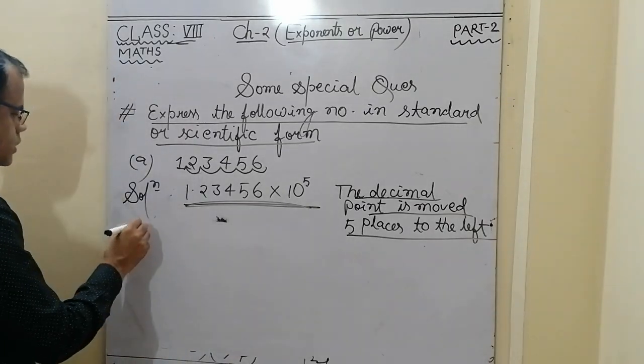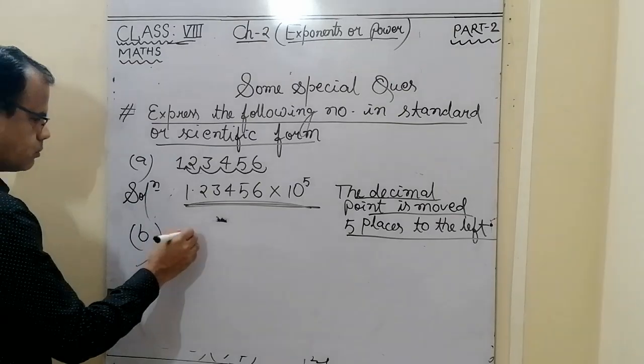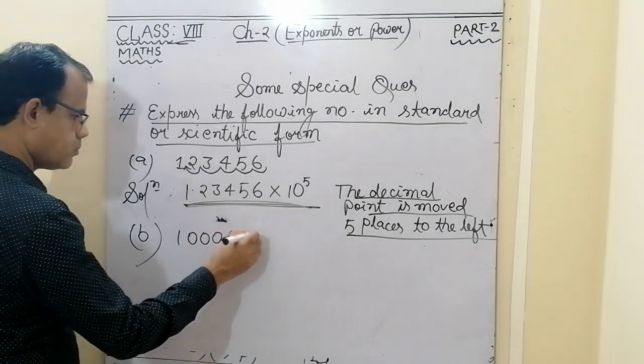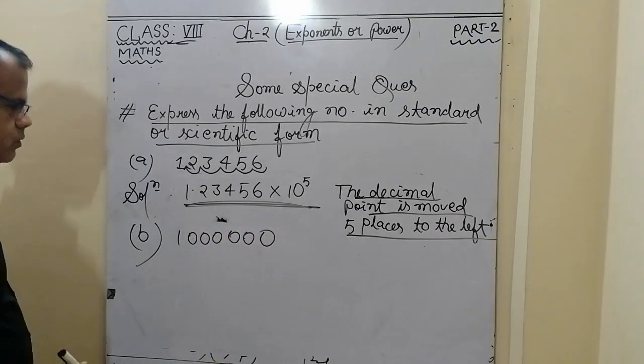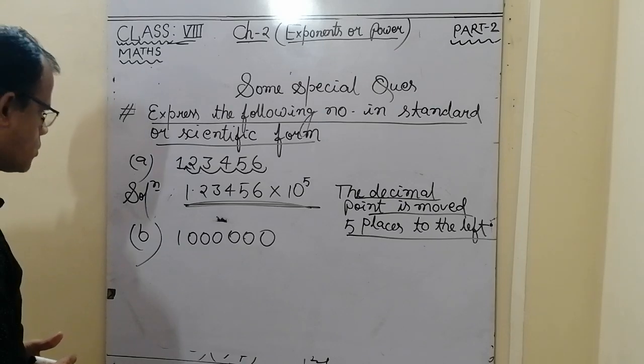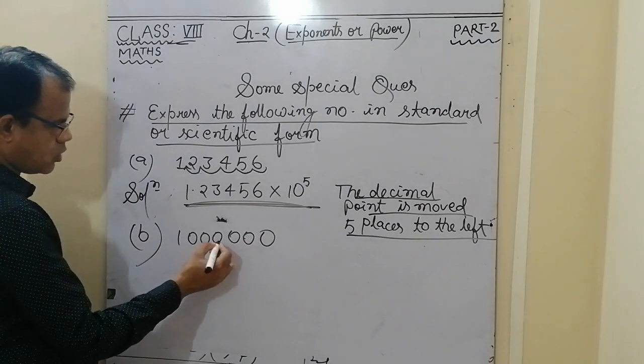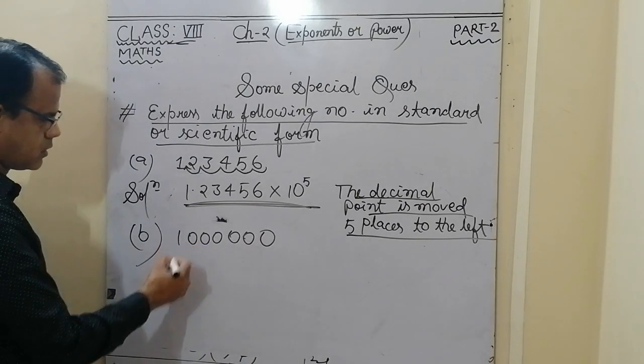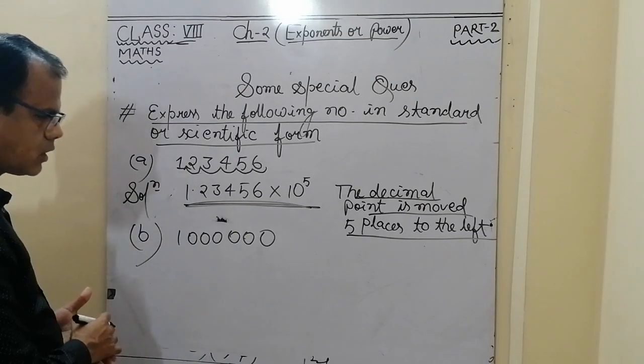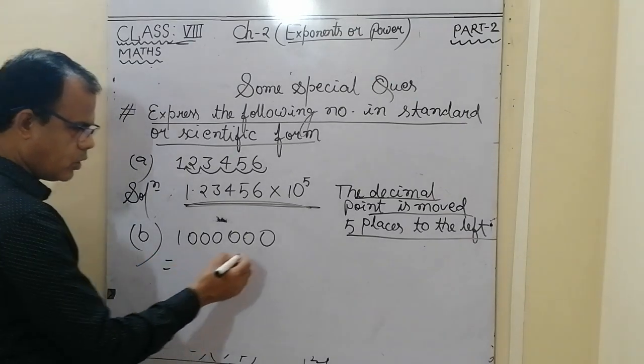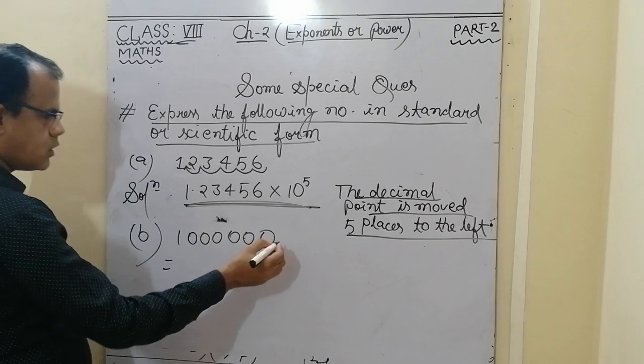Let's take one more example. B part. B part is this number. Ones, tens, 100, 1000, 10,000, lakh, 10 lakh. So this number. So the decimal point is moved.